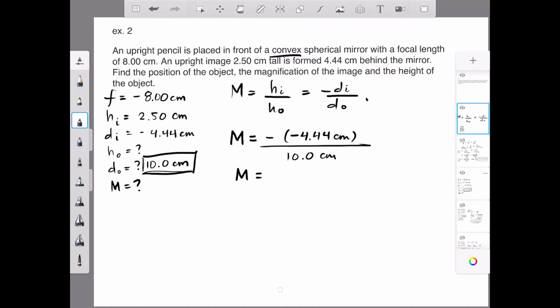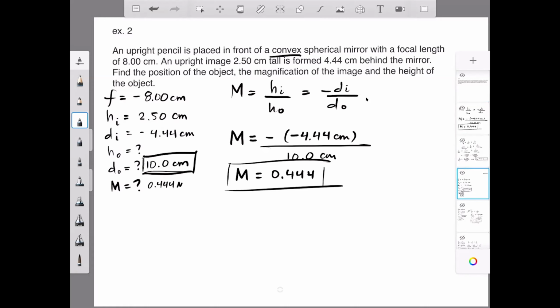So our magnification is 0.444. And it's going to be a dimensionless number because when you divide centimeters with centimeters, of course, they cancel out. Okay, there's our magnification.